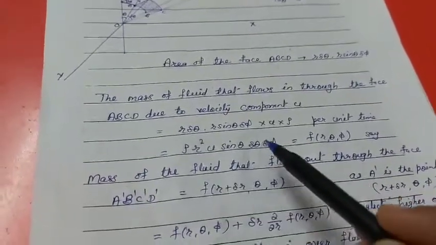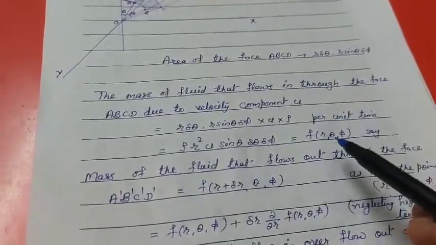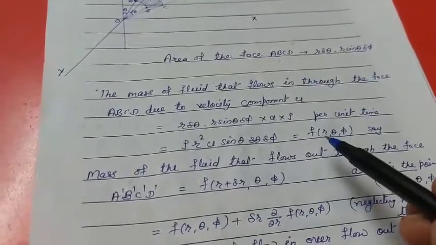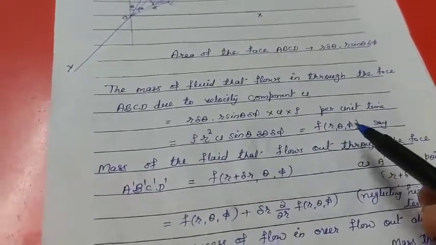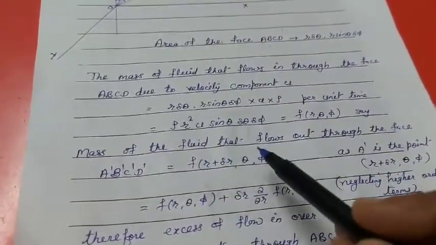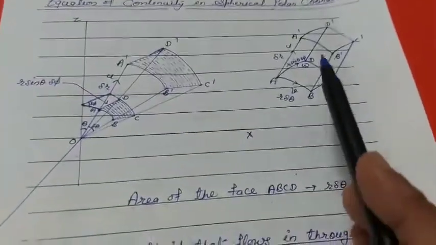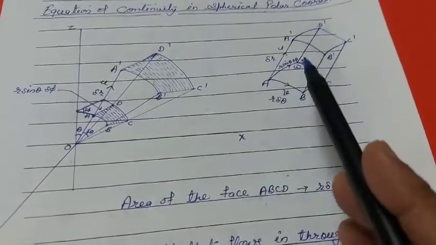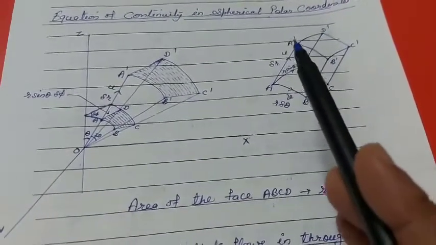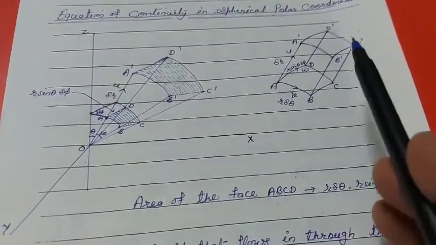Suppose this expression is written as a function of r, theta, phi, and symbolically f of r, theta, phi. Then the mass of the fluid that flows out through the face A'B'C'D'. This is A'B'C'D'.